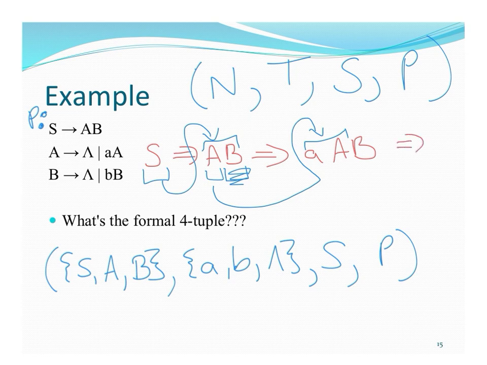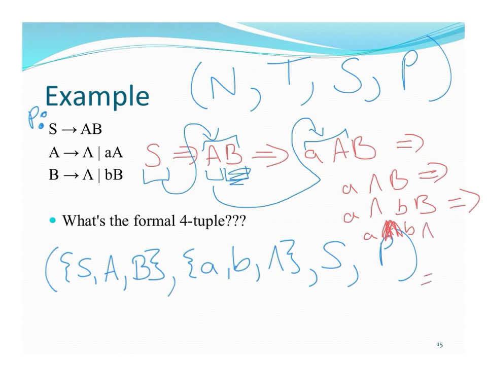So that could go to A lambda B, expanding the A into a lambda, which goes to A lambda BB, which goes to A lambda B. Oops, that's supposed to be a lambda, not an A. A lambda B lambda, which is just the string AB, right?